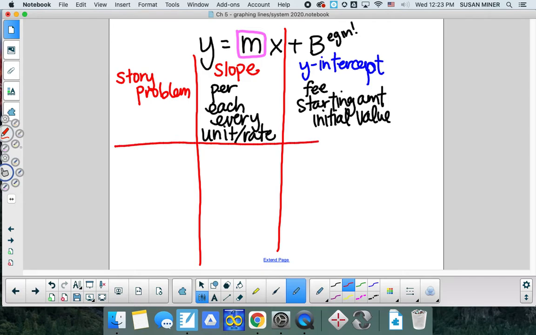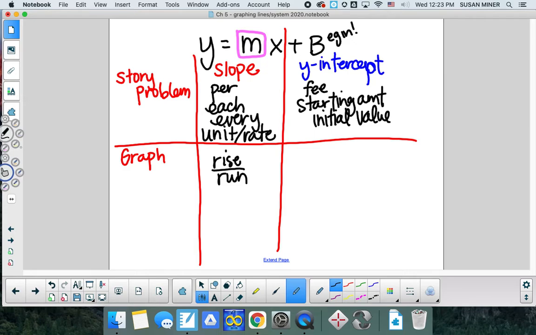What if I have a graph? If I have a graph, then in order to find my slope, I look for my rise over my run.